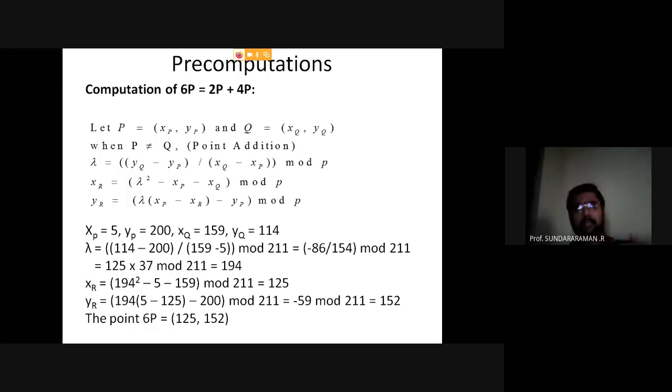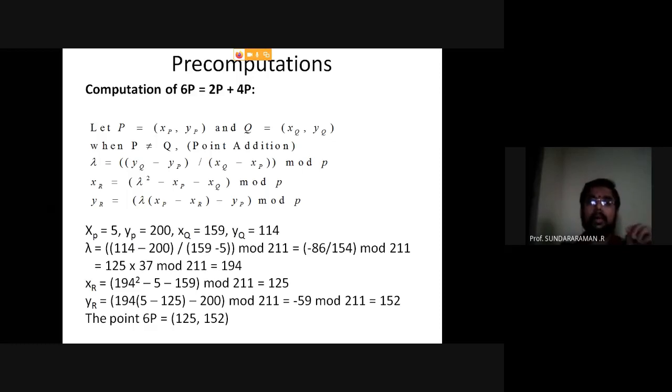Now we have calculated 2P, 4P, and 6P. Again 7P, because the first window is 111 in binary, that is 7. 7P is very important, because from that only we can begin the multiplication process.